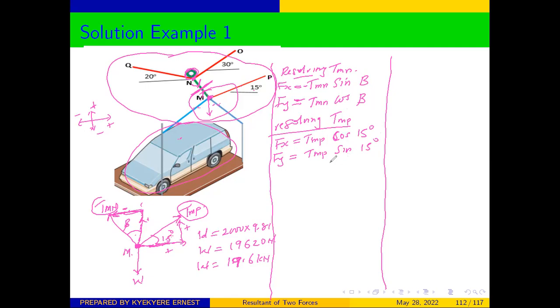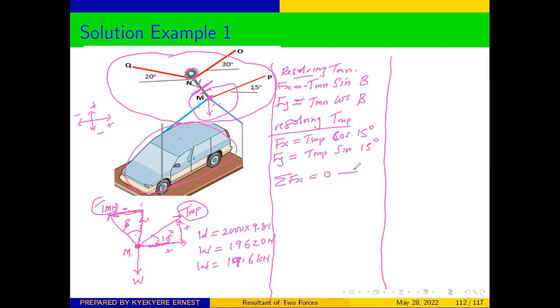Good. Then from there, we can write our equilibrium equations. Since the cables are used to center the automobile, it is in equilibrium. For that matter, we can say that the sum of Fx is equal to 0.